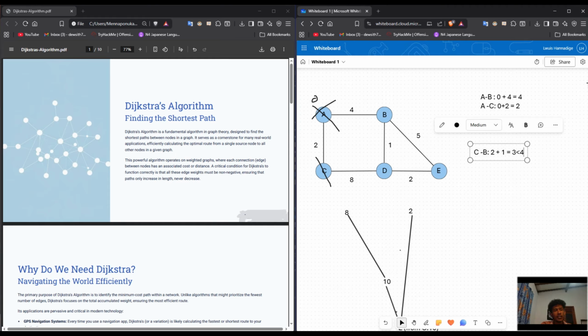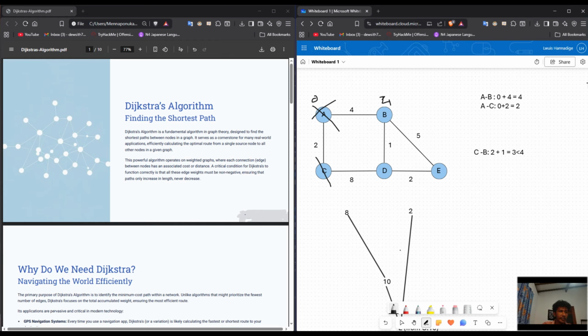Now this is the crucial point. Initially we got the distance as 4 in here, but now the distance is coming to 3. So we can update it.